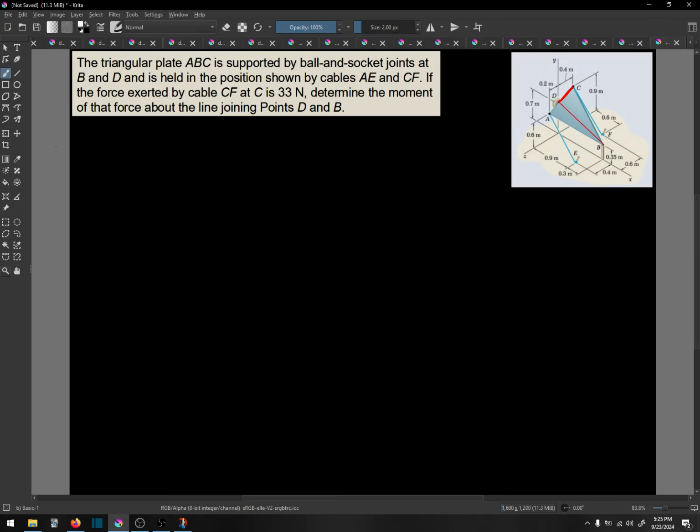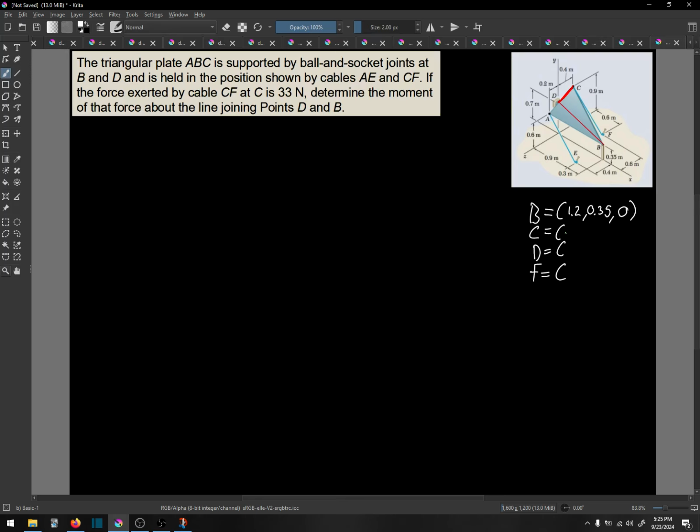Interesting. So let's start out by listing the points. We're going to list B, C, D, and F. Point B is going to be 1.2, 0.35, and 0.